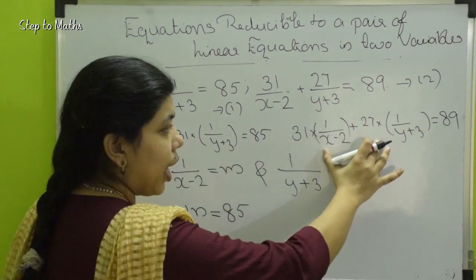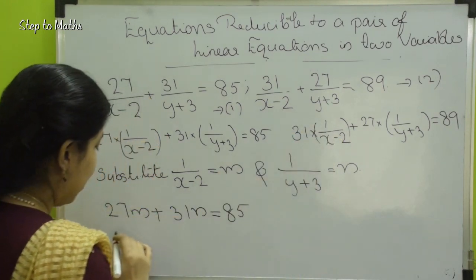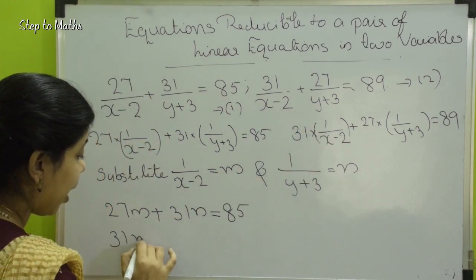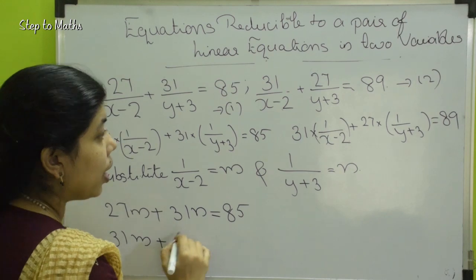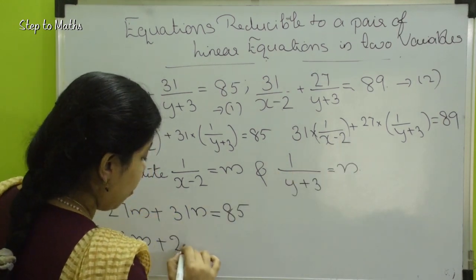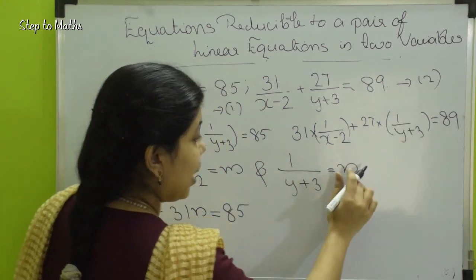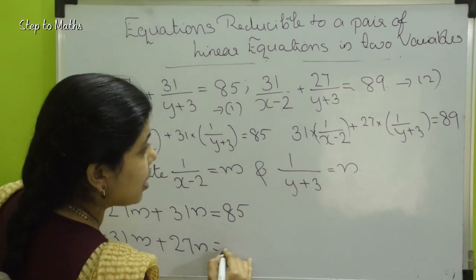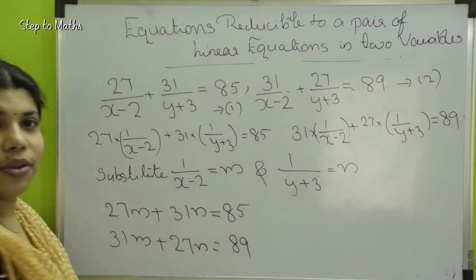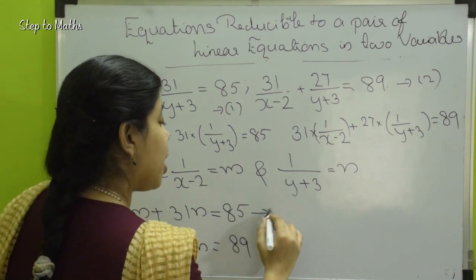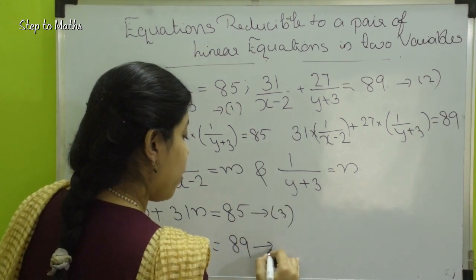In the same way, the second equation is 31m plus 27n is equal to 89. We can label them as equation number 3 and equation number 4.